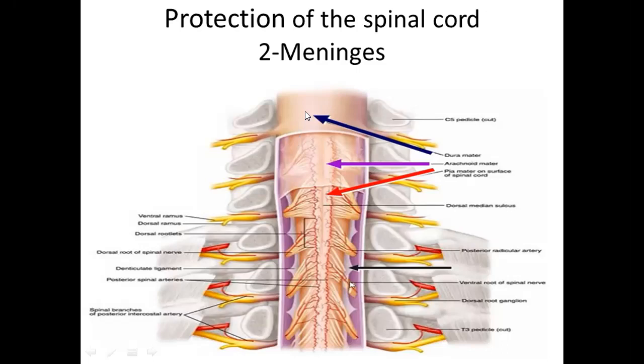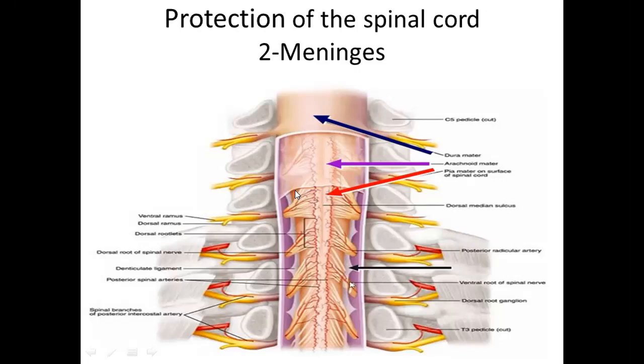We have the epidural or extradural space between the dura and the endosteum lining of the vertebral canal. The second one is the subdural space between the dura and the arachnoid. And the last one is between the arachnoid and the pia, and this very important space is called the subarachnoid space.